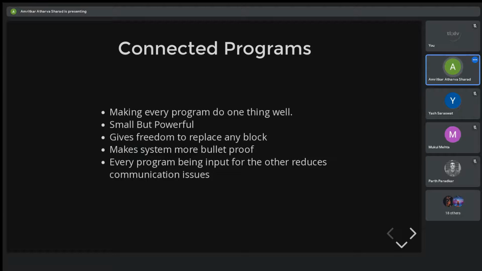Unix expects us to write simple code such that one program does one thing well, and then we can easily debug if there are any errors in the operating system. If you see any error, it is very easy to sort it out, because we know everything is in a lot of pieces, and we just have to replace that particular piece that is giving problems.